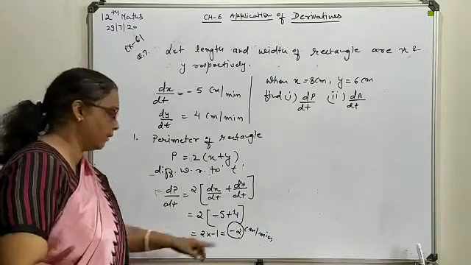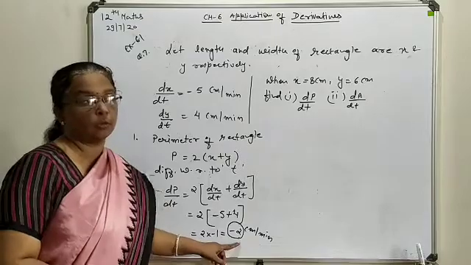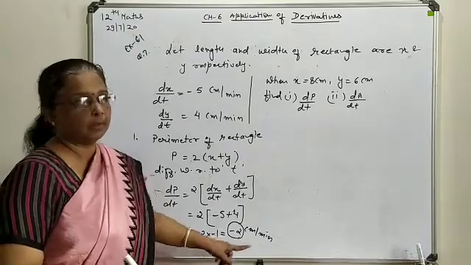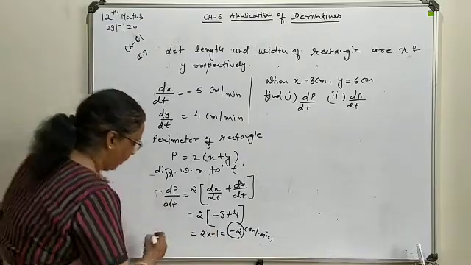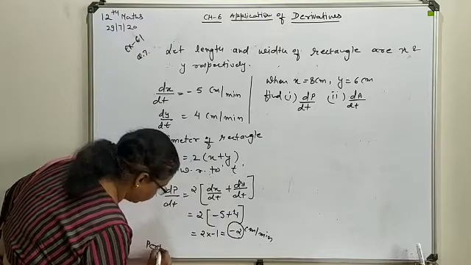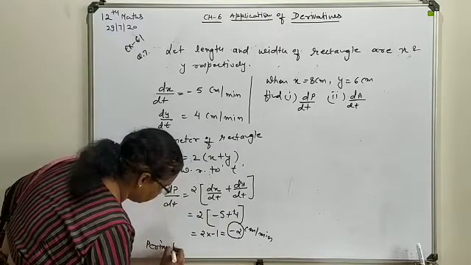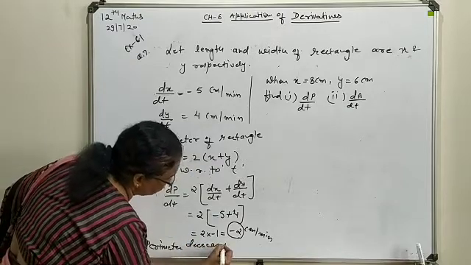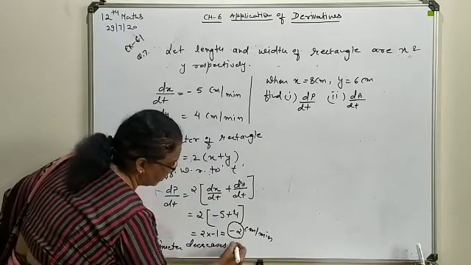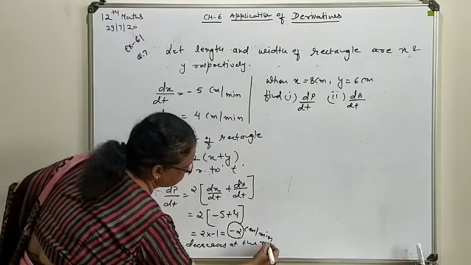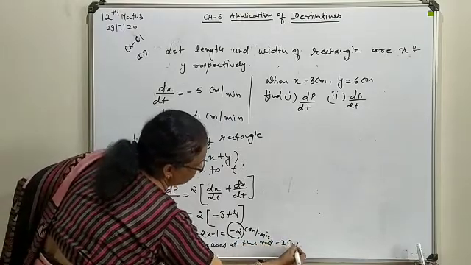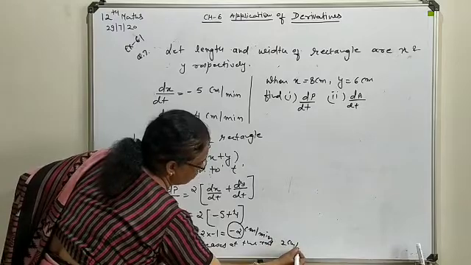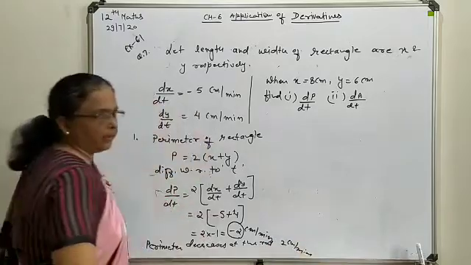Perimeter is decreasing at the rate of minus 2 centimeter per minute. So perimeter decreases at the rate of 2 centimeter per minute.